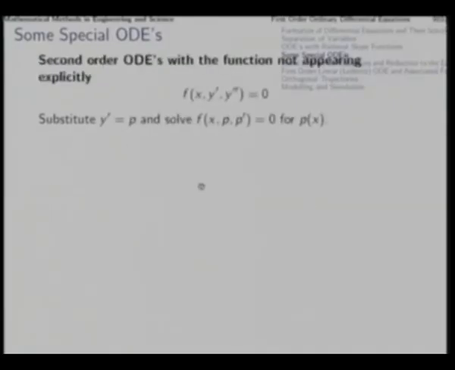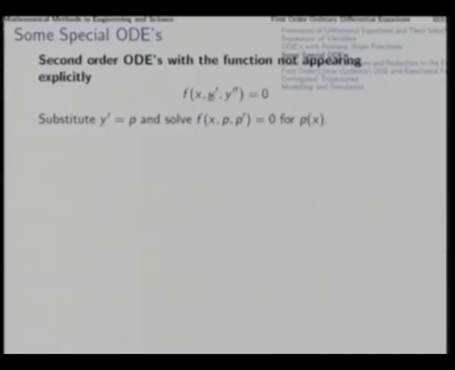So, there are two distinct classes of second order ODEs which can very easily be reduced to first order ODEs. One of them is the one in which the dependent variable y does not appear explicitly. It does appear in the form of its derivatives, but y itself does not clearly appear.